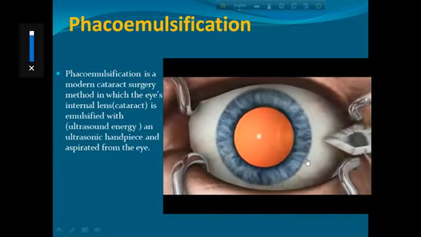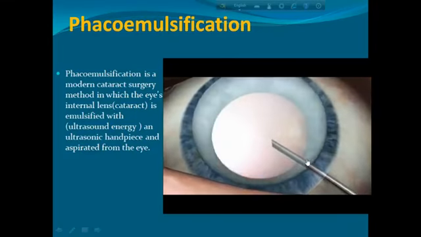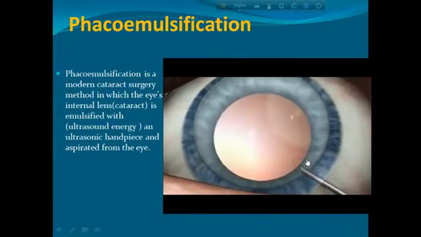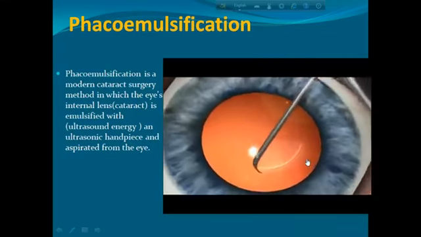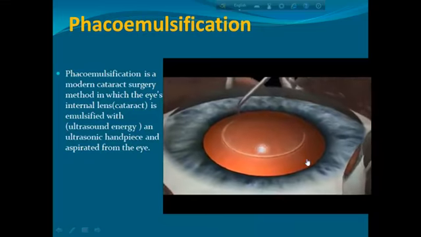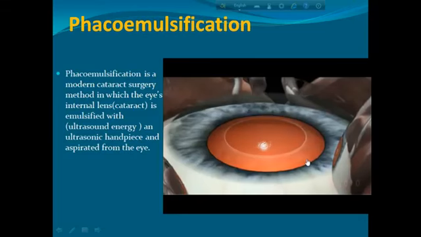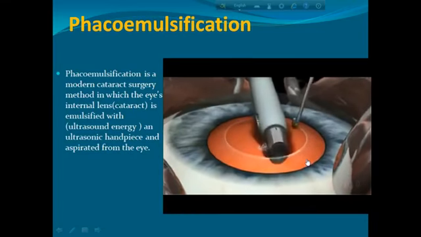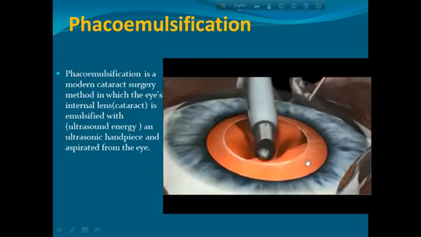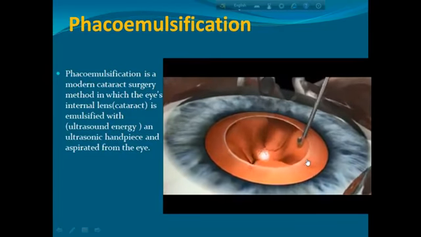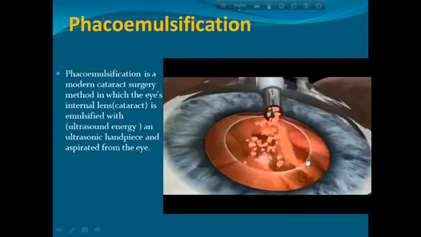Here there is a phacoemulsification. In phacoemulsification, the incision is only 3.2 millimeters. These instruments help for capsulorhexis. This is the capsulorhexis: just the anterior capsule is removed, and a special phaco probe is used, and by the phaco probe the nucleus is emulsified and aspirated.